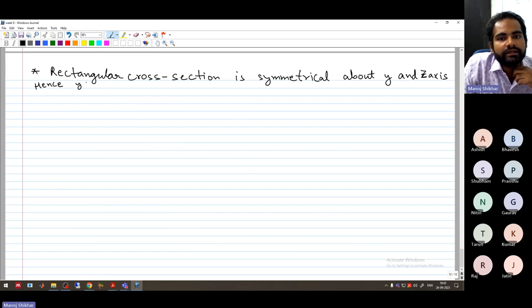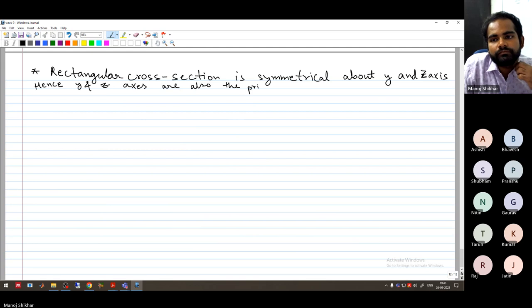Hence, the Y and Z axis are also the principal axes.